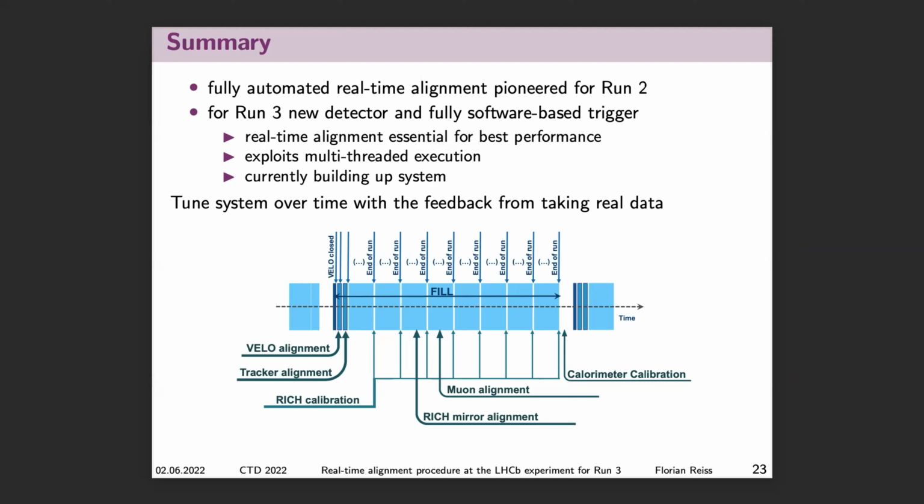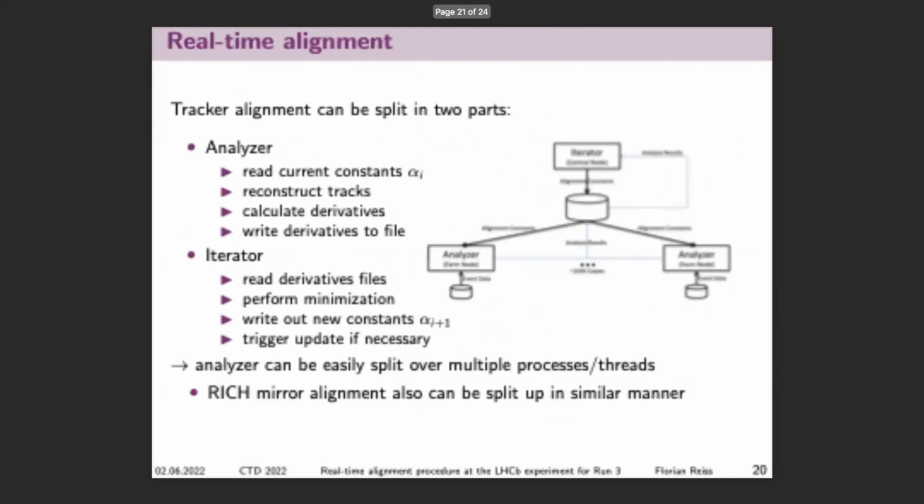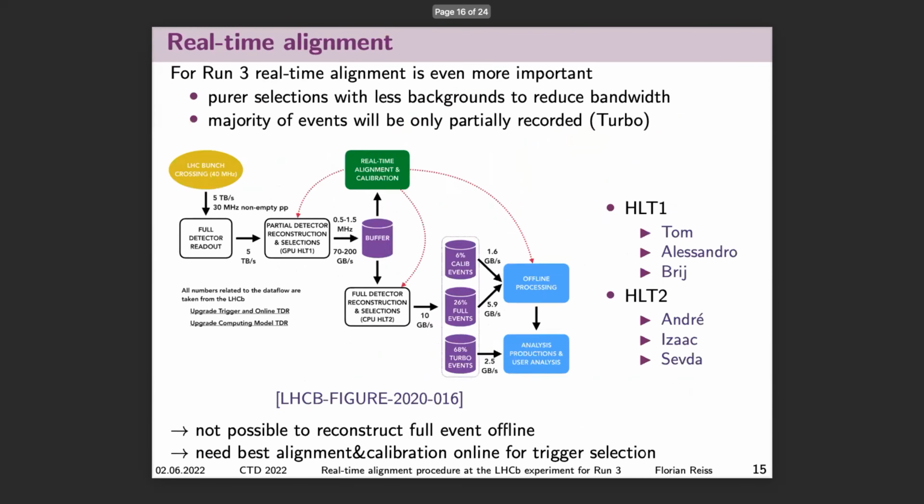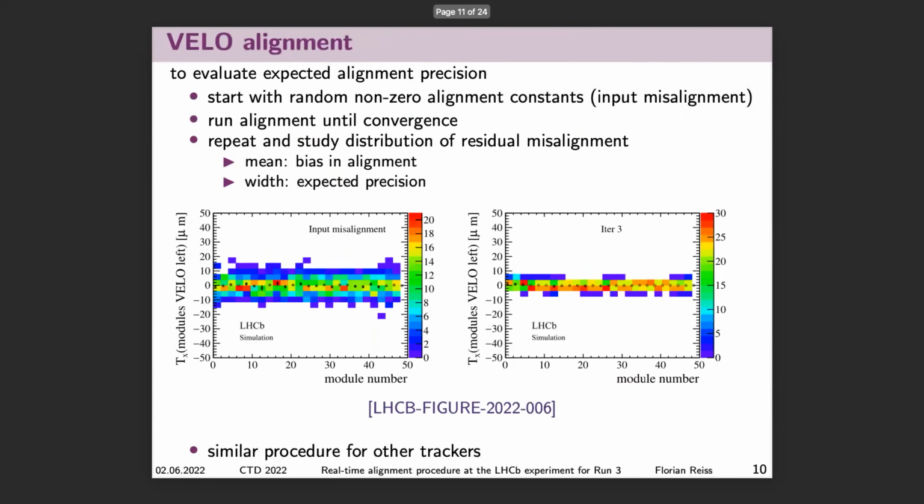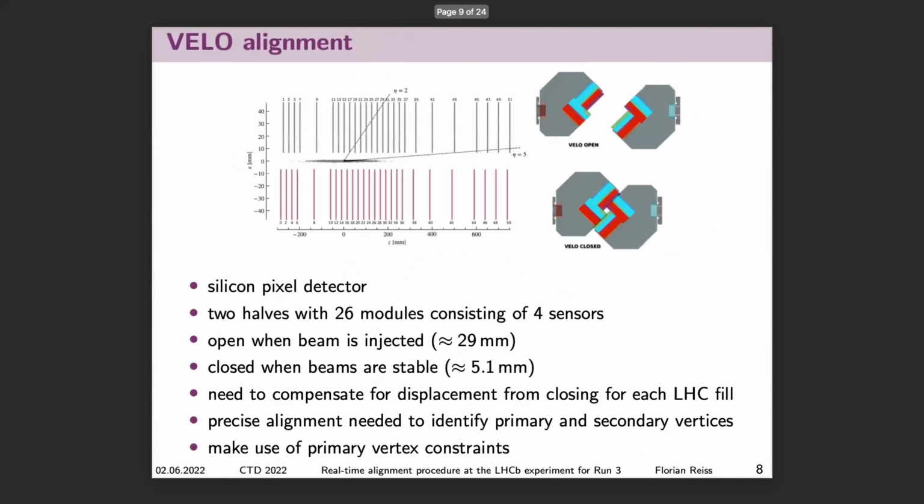But in general, for example for the VELO, we in principle could align down to the sensor level. But this we plan to do only at the beginning, and then only align the halves and the modules in real time. So some of them will be fixed and some of them will be repeatedly aligned. All right, thanks.